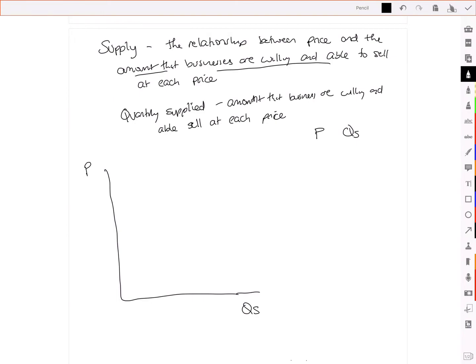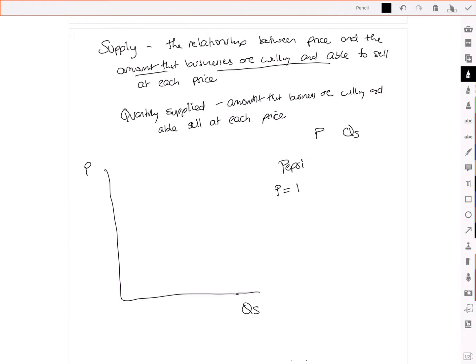And so now we have to look at how much the business would be willing and able to sell at each price. So let's go back to our Pepsi example. How much is the business willing to sell if the price is, say, $1? Well, this is going to be based on the cost to make a can of Pepsi.